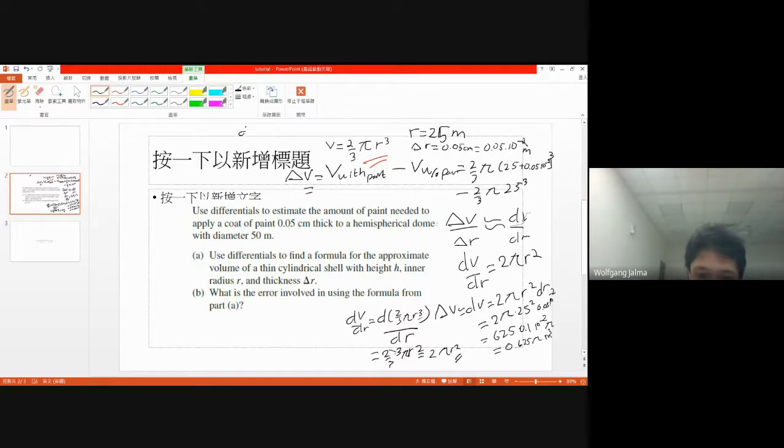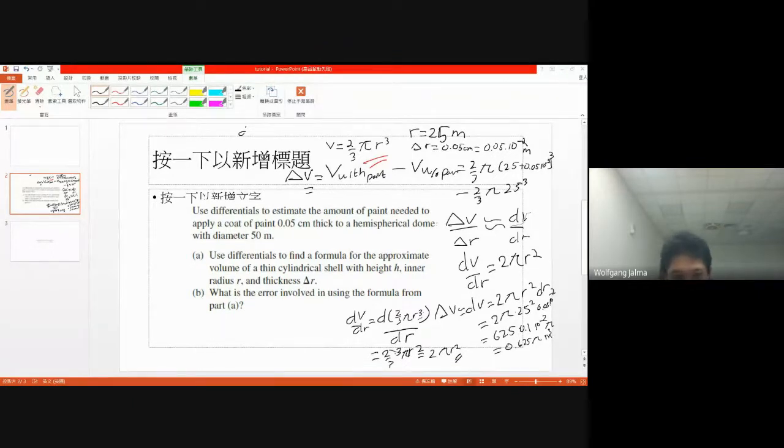So basically, if you remember the volume of the ball and the circumference of the ball or circle, do you notice that the circumference of the ball or circle is just the derivative of the volume or the area of the ball? You get it?